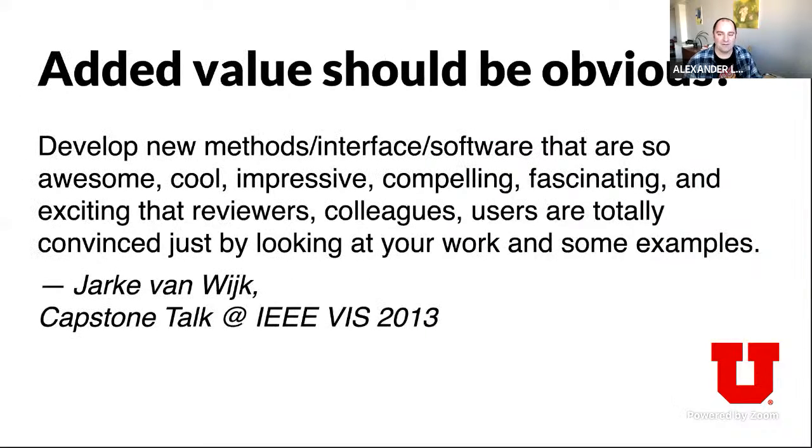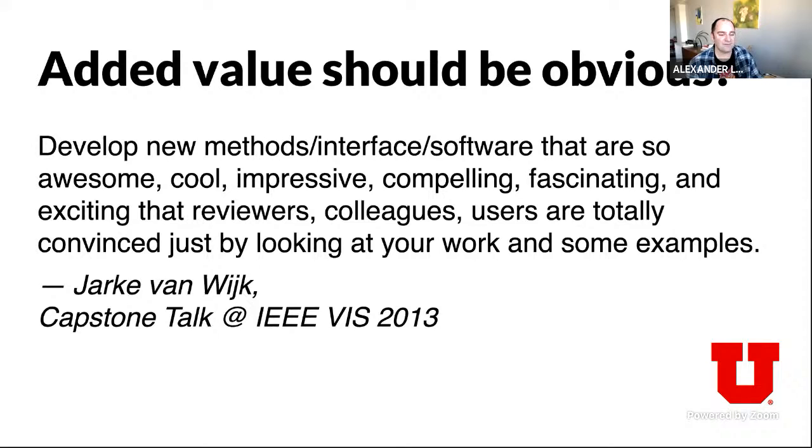And then one contrarian opinion to this whole business of formal validation is this engineering perspective. I'm quoting here Jarke van Wijk, a very well-established visualization professor from the Netherlands.